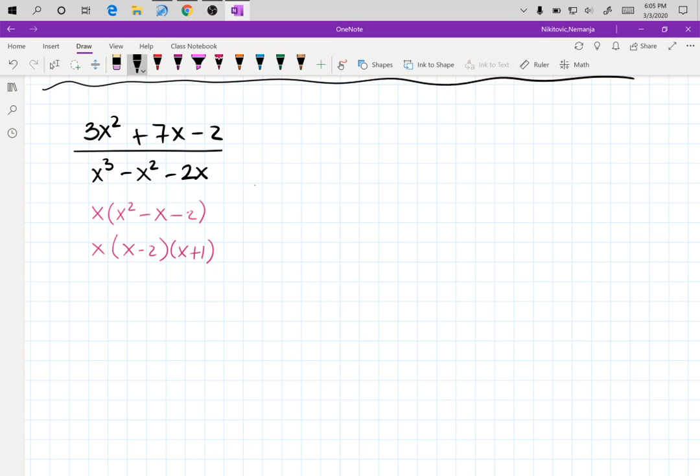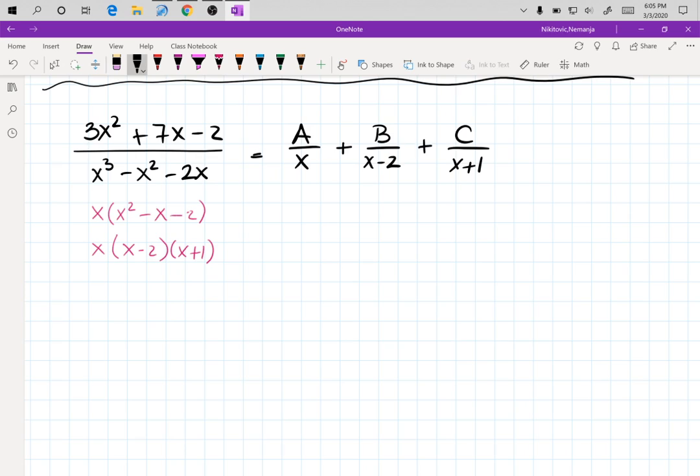What I have, again, are three case 1, for the setup. I have A over x, that's linear. You can write it as x minus 0 if you want to, but it's just x. Plus B divided by x minus 2 plus C divided by x plus 1.